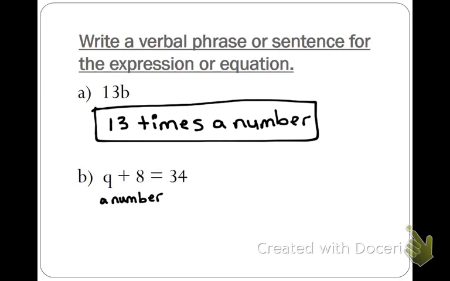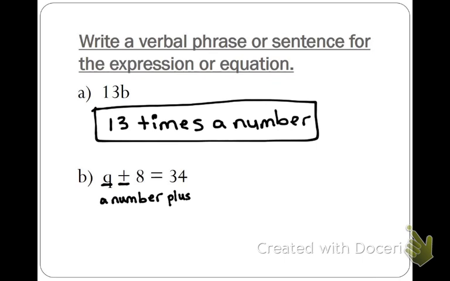No, you missed the operation. If I just said a number 8, that wouldn't make sense. So right here, we just did the number. Now what do we do next? What can I write for words instead of that sign? We're going to write a number plus.